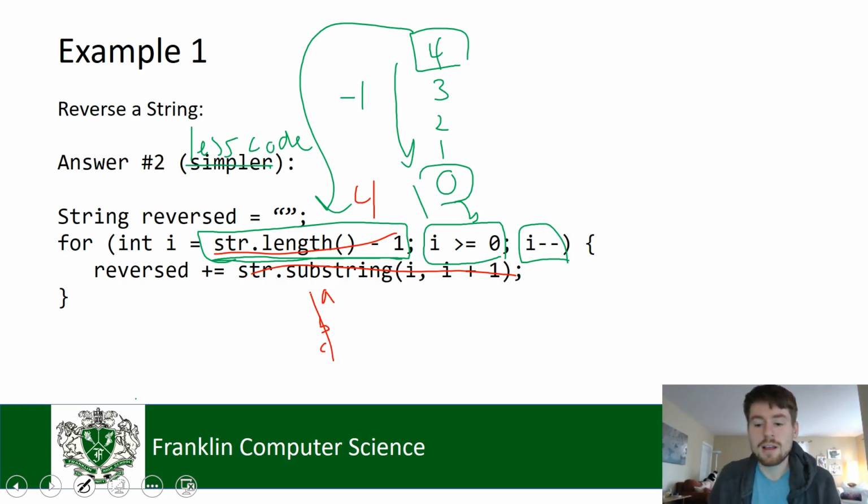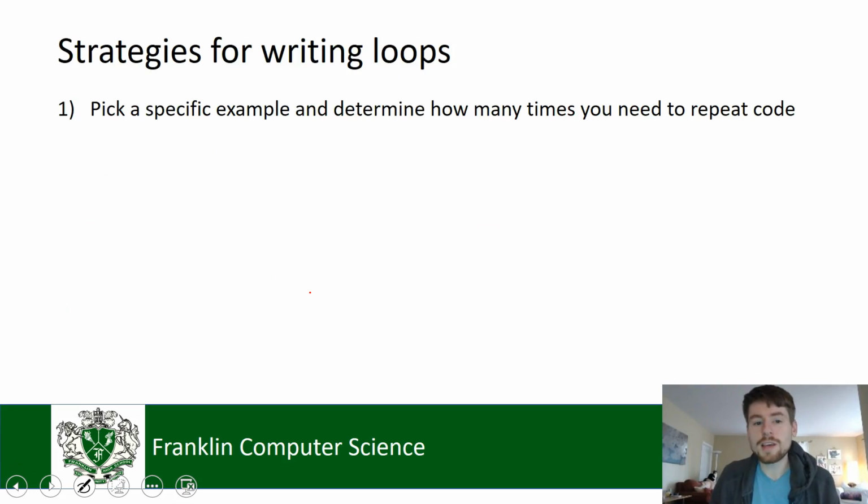But when you're thinking about it, you can start off with a specific case, like Hamlet or Mushi, and then try to determine how many times you're going to need to do something. So if I'm reversing a string, I know I need to look at every letter, one letter at a time, starting at the back. There are actually faster algorithms for reversing a string. You could look at half the letters and grab two at a time, and so forth.